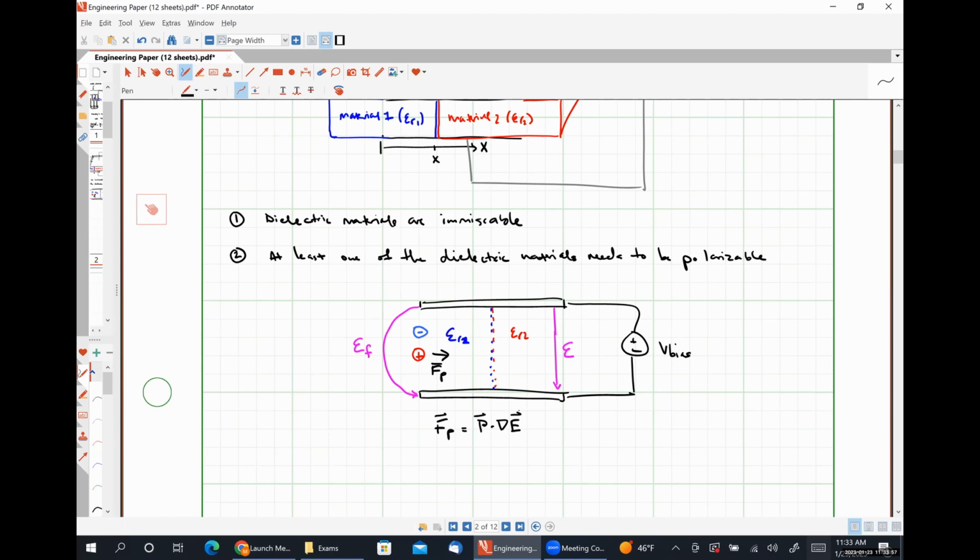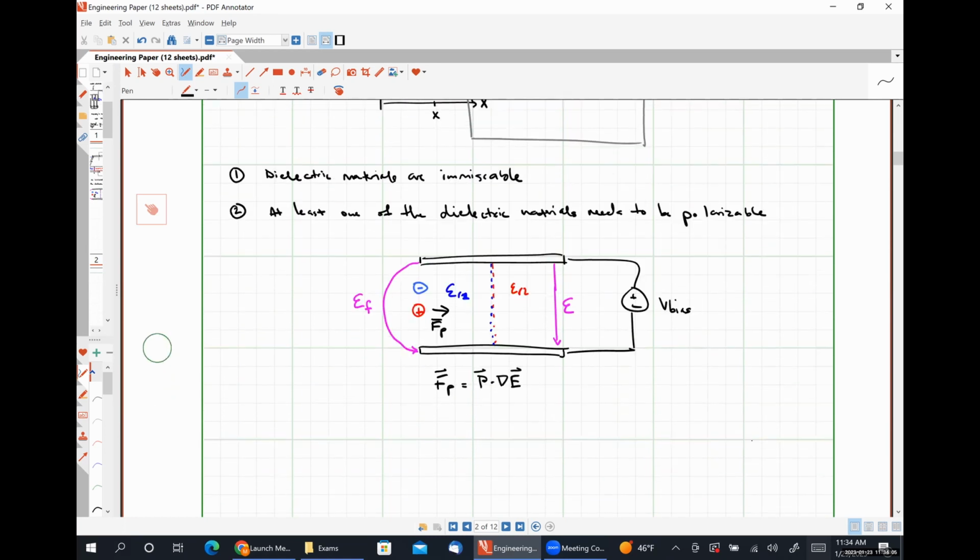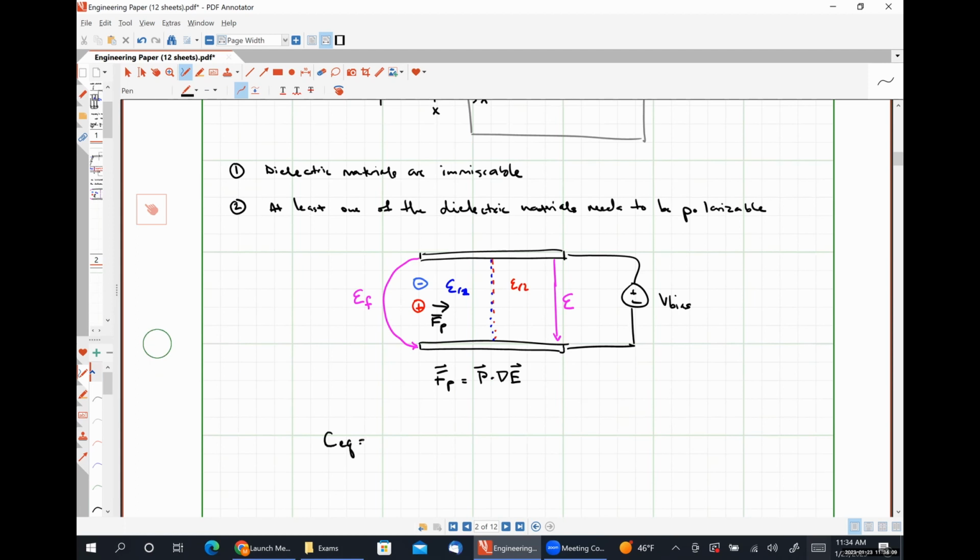Okay. So anyway, from the perspective of tunable capacitance, a system like this is like two parallel plate capacitors connected in parallel, where our first parallel plate capacitance has a permittivity of epsilon R1 times epsilon naught, the area of our first plate is B times X, and our gap is D. And then our second capacitance is epsilon R2 times epsilon naught, with an area of B times (A minus X) over D, like so.